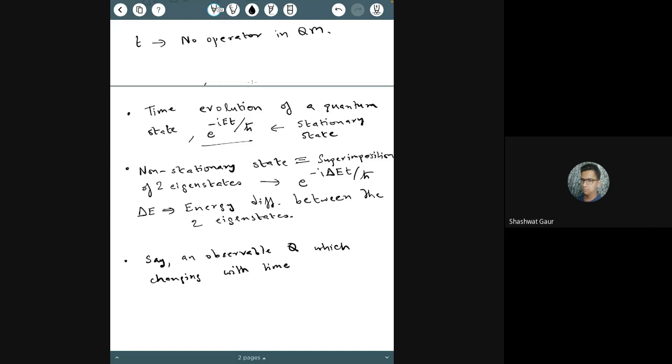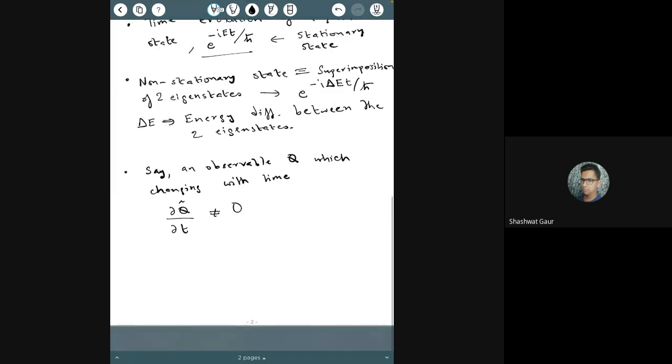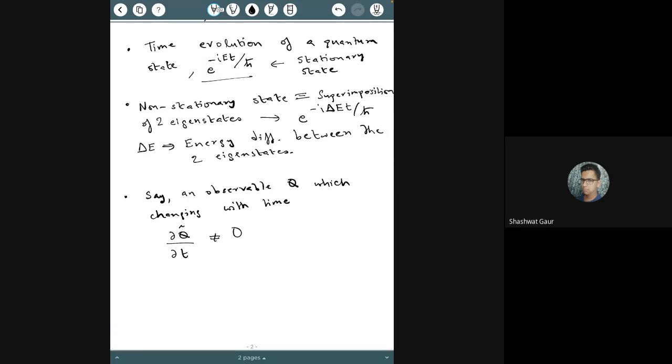So there are two things that can change with time. One is that the operator for this observable itself can be changing with time, so it is a time dependent property itself. Or you can have the expectation value of this operator changing with time. Or it can be both.